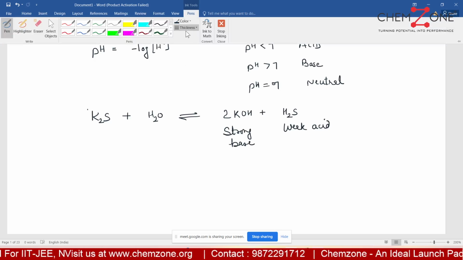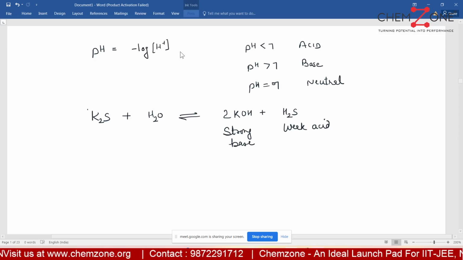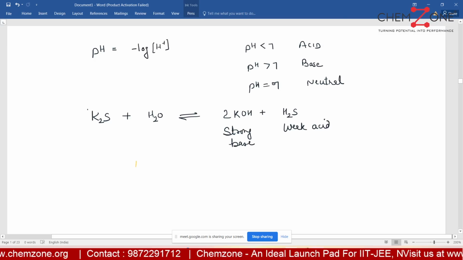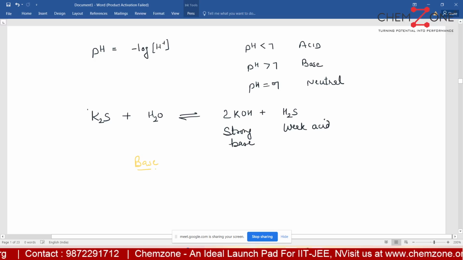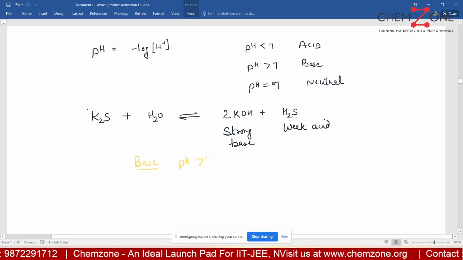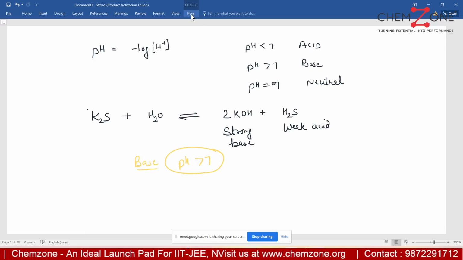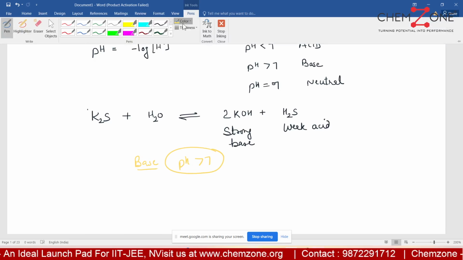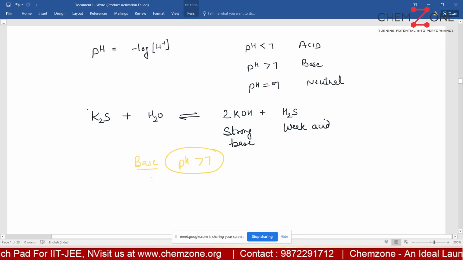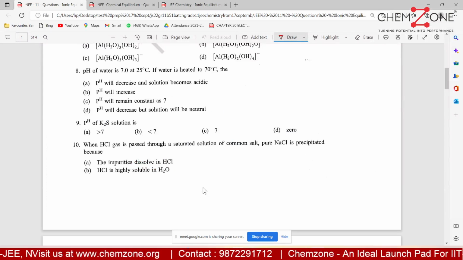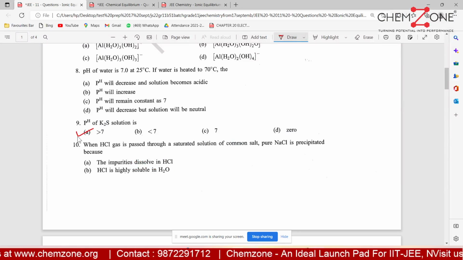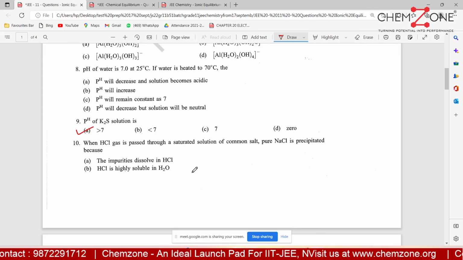Right? That is why the overall solution is a basic solution, and the pH will be greater than 7. Now clear? Any doubt?